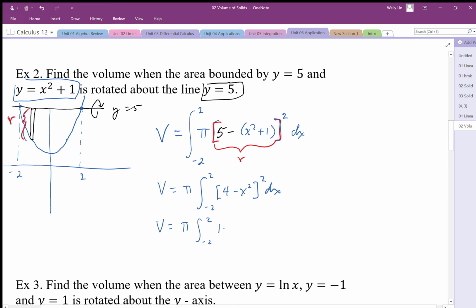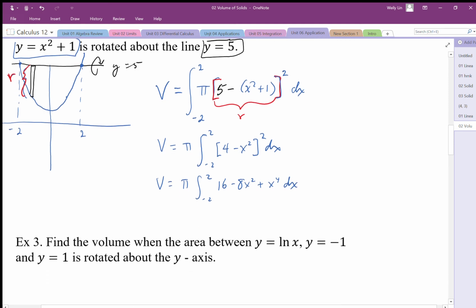So it's going to be 16 minus 8x squared plus x to the power 4 dx. So the antiderivative works out to be 16x minus 8x cubed over 3 plus x to the 5 over 5, and I'm going to integrate that from -2 to positive 2.